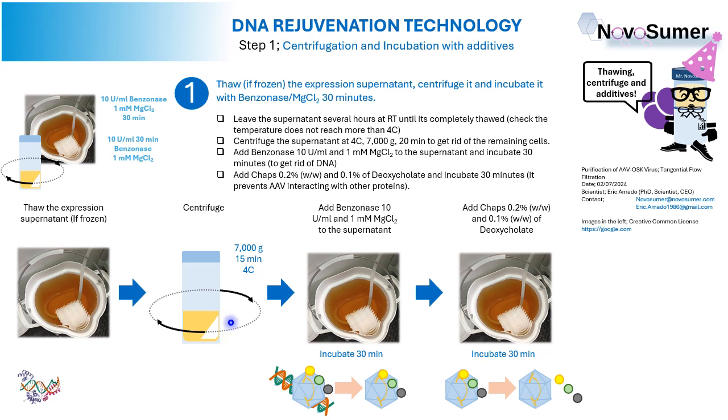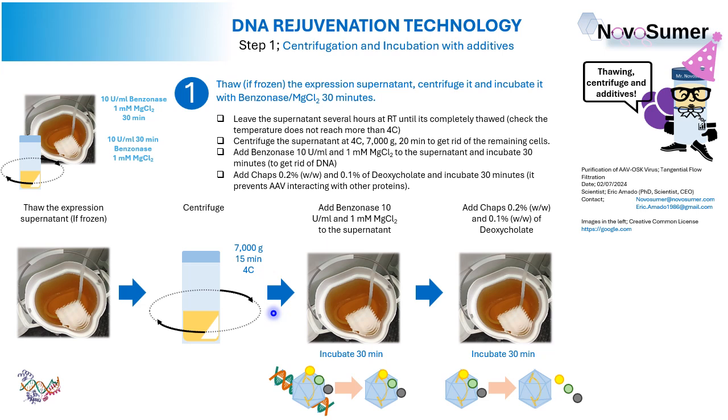The supernatant is very clean, but just in case we have this step. So at the end of the process, we will have the supernatant and the remaining cells at the bottom. So we will just transfer the supernatant to a clean recipient like this, and we will get rid of the cells. We don't want the cells, okay? We treat the cells here as contaminants.